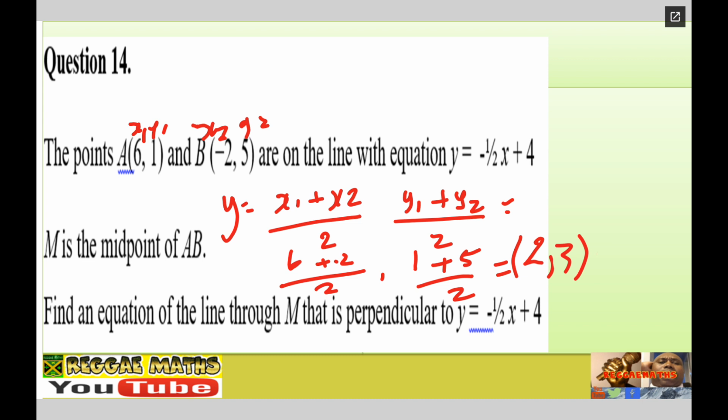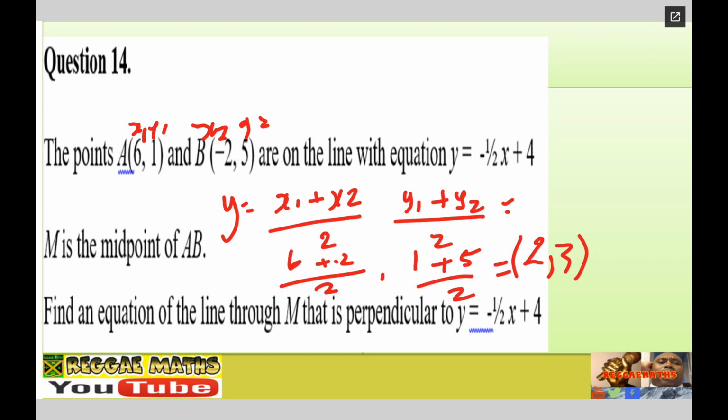So we now know that the midpoint is 2, 3. Now the next question says find the equation of the line through M that is perpendicular to y equals minus half x plus 4.